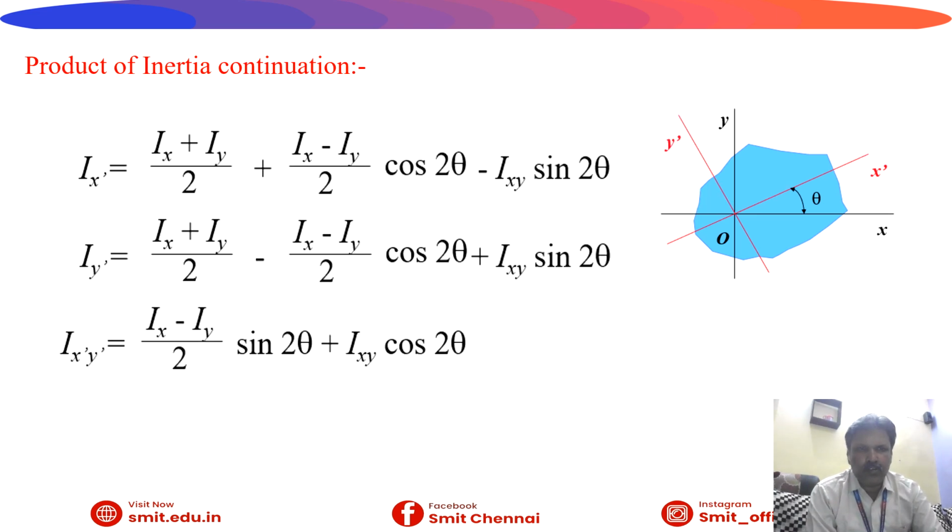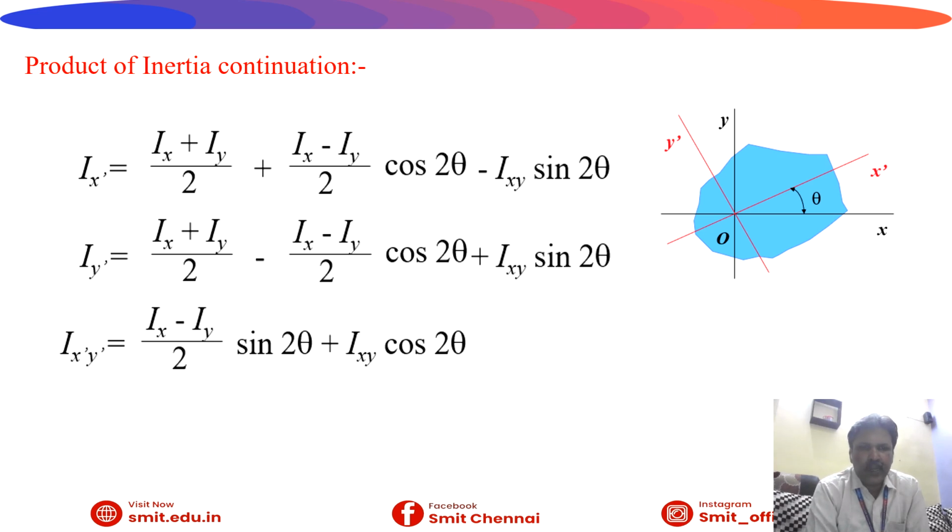Now, continuing the product of inertia, upon derivation we can write the moments of inertia along the x-axis, the y-axis, and the xy axes also. Ix dash equals (Ix plus Iy) by 2 plus (Ix minus Iy) by 2 cos 2 theta minus Ixy sin 2 theta.